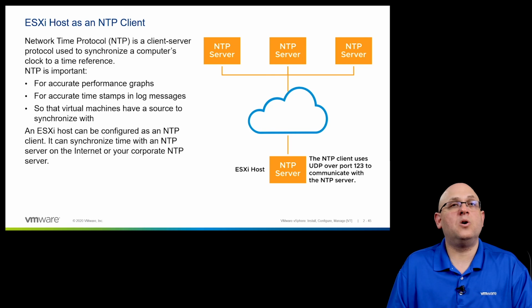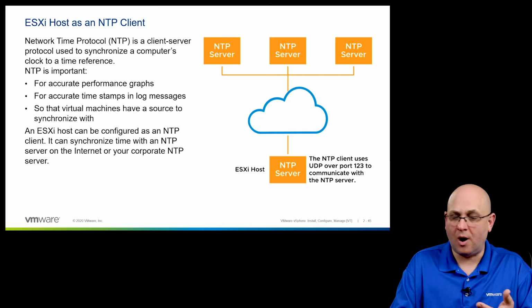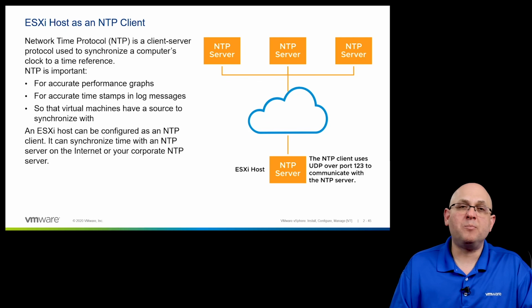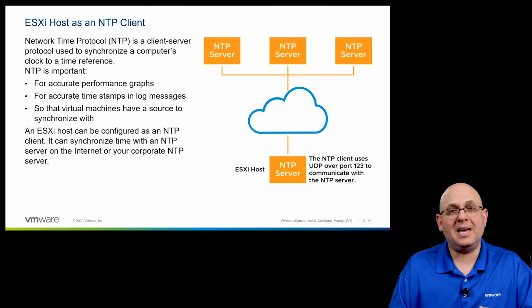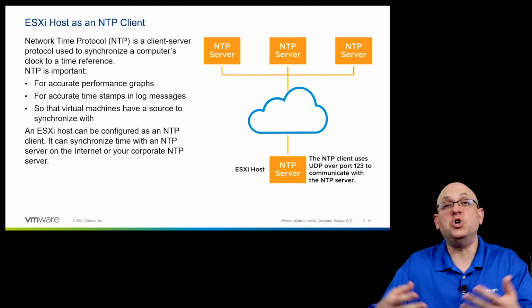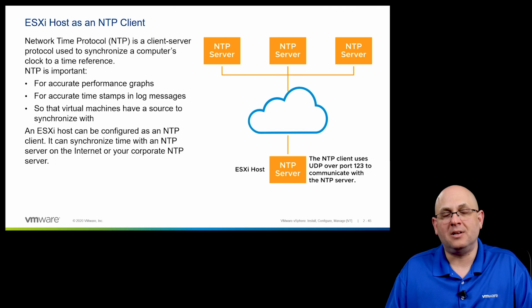You also need synchronized time for managing logs and troubleshooting and performance graphs and all of these things. So it's important to configure ESXi as an NTP client and make that configuration uniform across all of the systems in your environment itself.